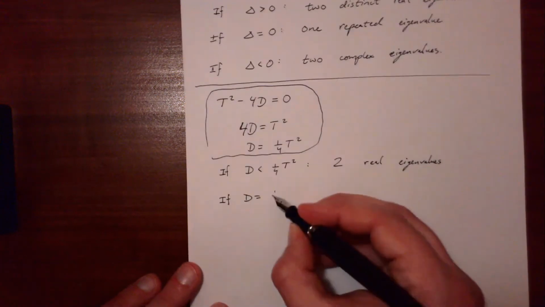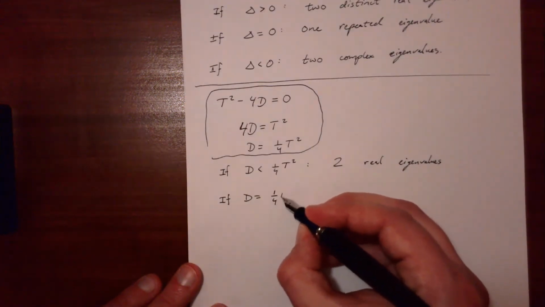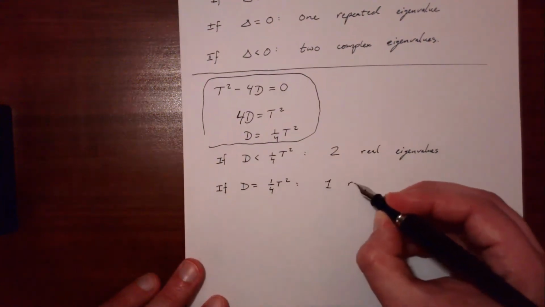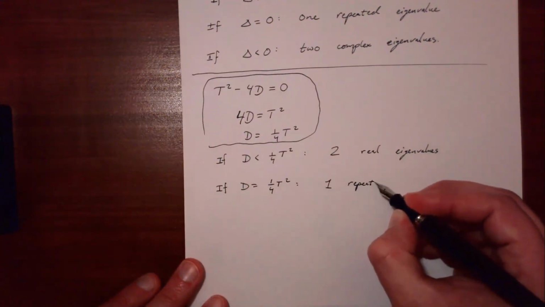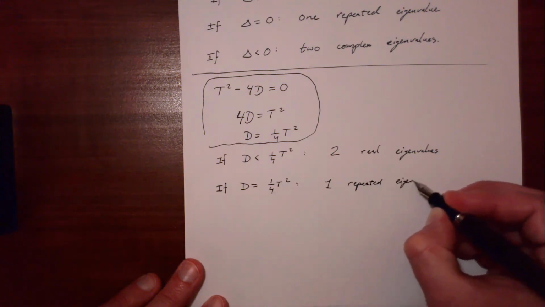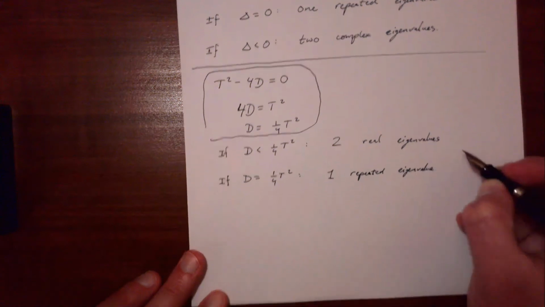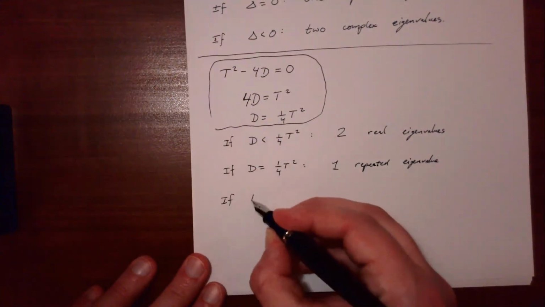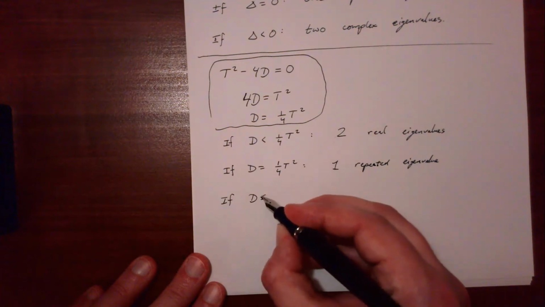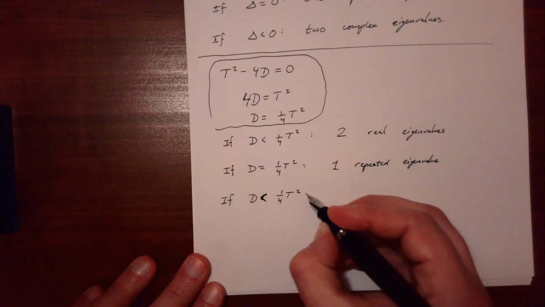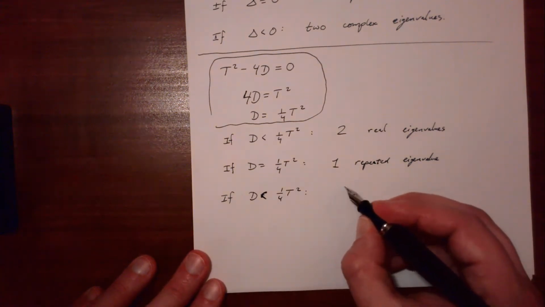If d equals 1/4 t squared, one repeated eigenvalue, and if d is less than 1/4 t squared, complex.